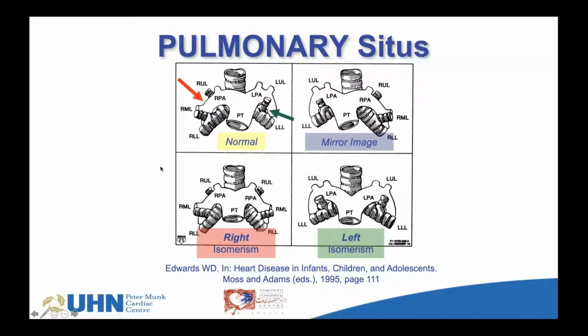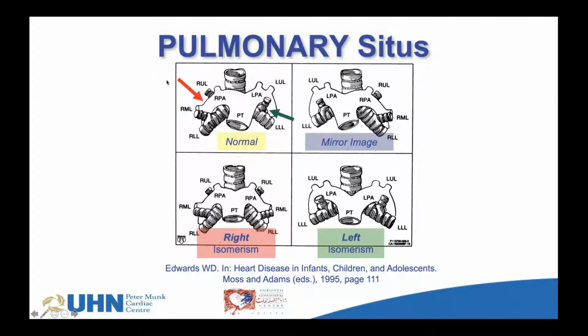So this brings me back to identifying the sidedness of the lungs. The right lung usually has 3 lobes, the left lung 2 lobes. This helps, but that's not the accurate method to define the pulmonary sidedness.